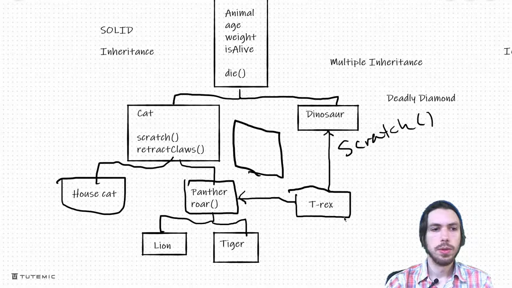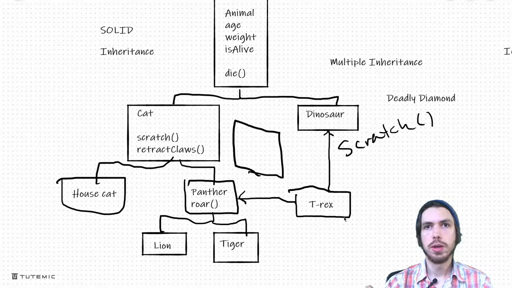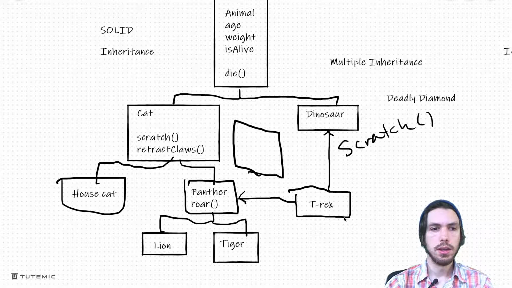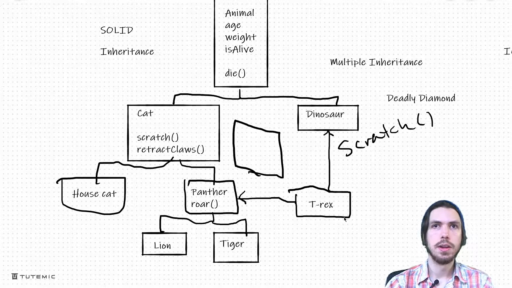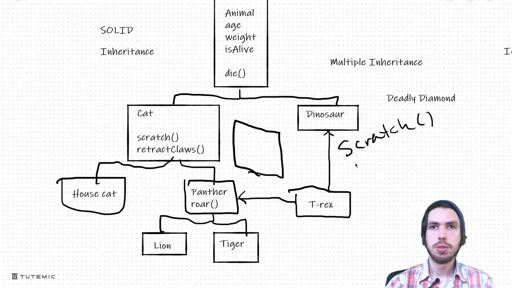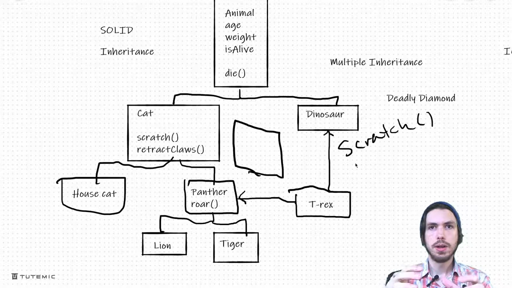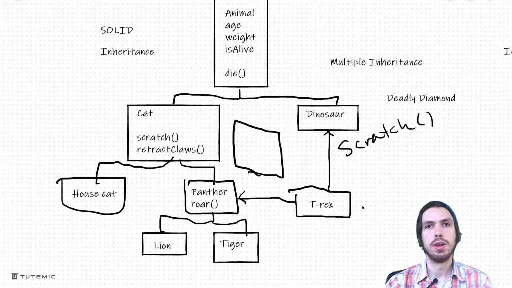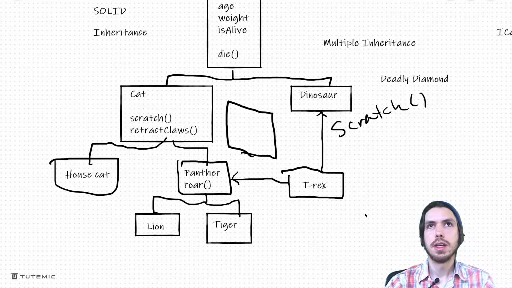Instead of saying that everything is the different characteristics of this hierarchy, we abstract the different behaviors and characteristics, like scratching and retracting claws and so on, and we create a component for it. Okay, so that's how we do it.